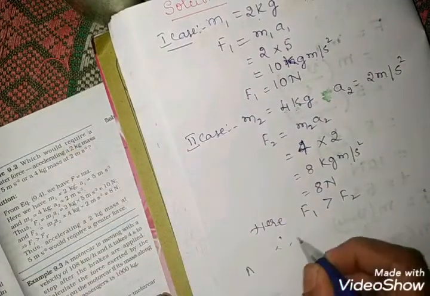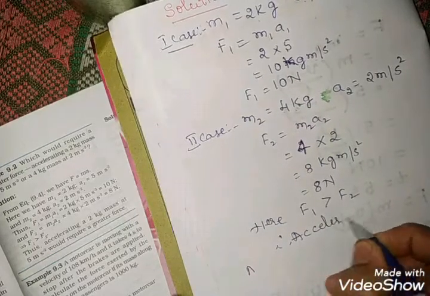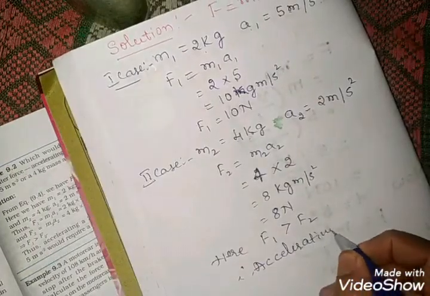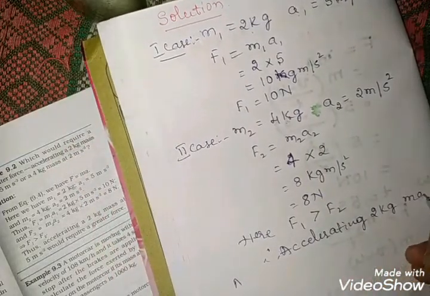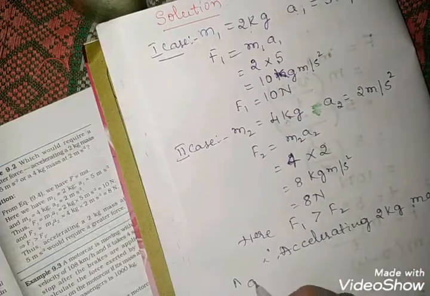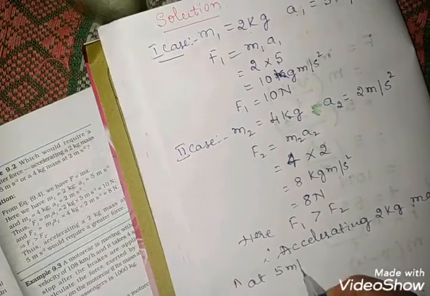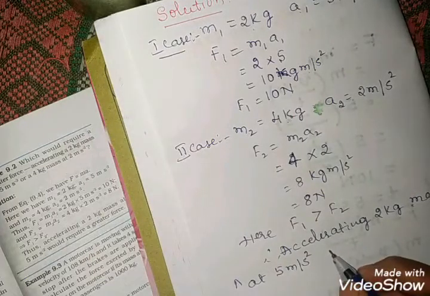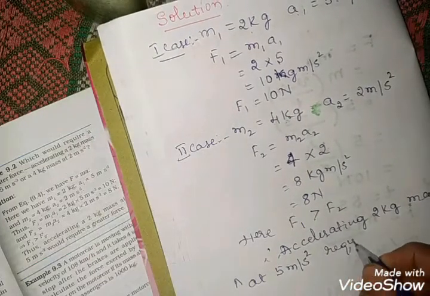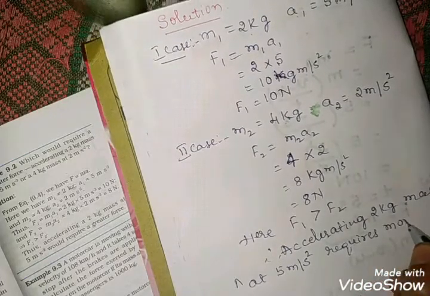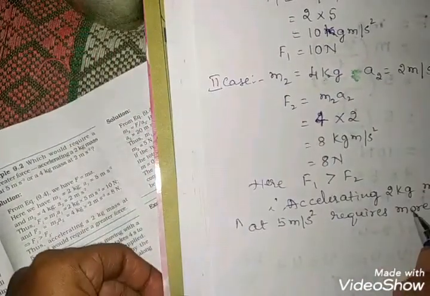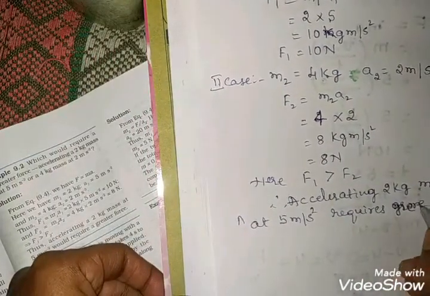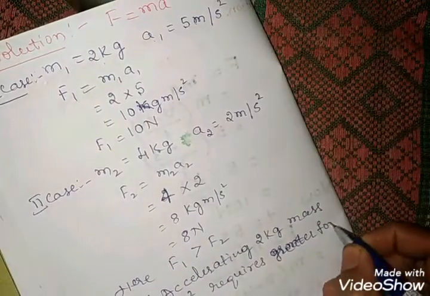Accelerating 2 kg mass at 5 meter per second square requires more force, or requires greater force. Let us write greater force. It needs greater force.